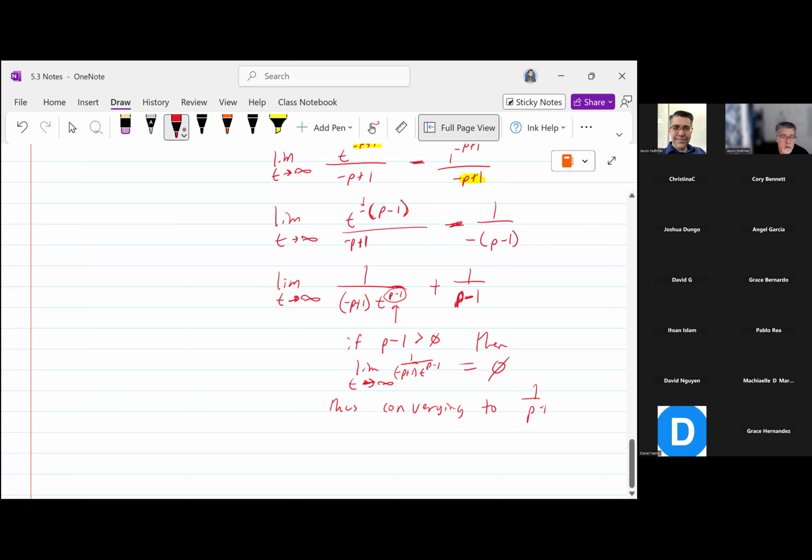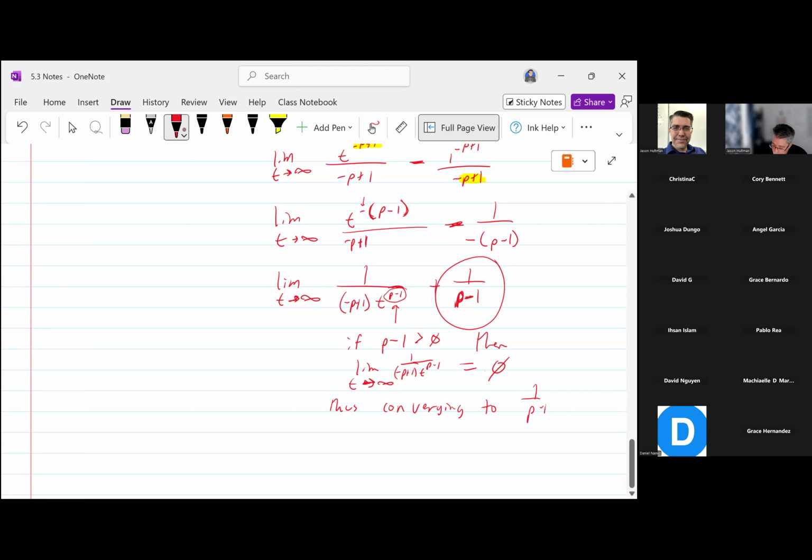We're using the integral test to say, if that's a positive exponent in the denominator, then the limit will go to 0 and it converges to this guy here.